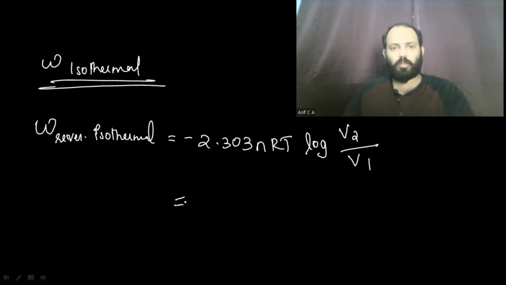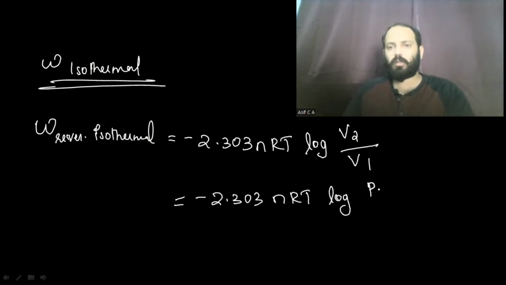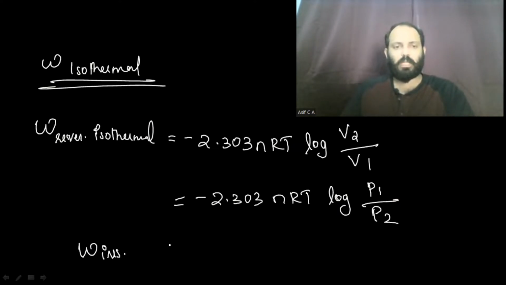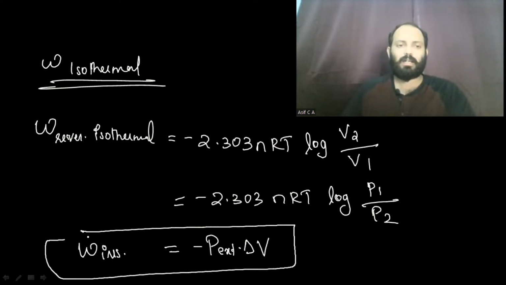This can be represented another way, minus 2.303 nRT log P1 by P2, since P is inversely proportional to volume. Work done in an irreversible isothermal process is minus P external into delta V. This is for the irreversible process.